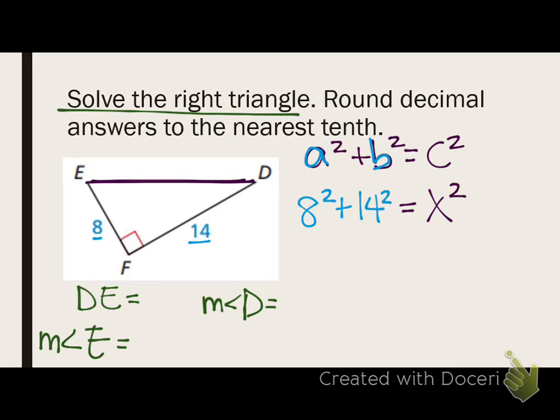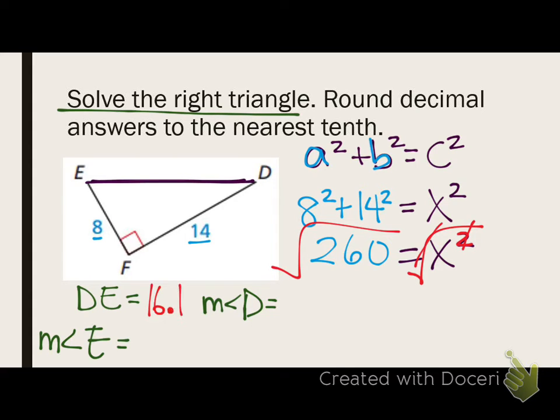What is 8 squared plus 14 squared? 260. Equals X squared. To get rid of a square, I need to do the square root. So what is the square root of 260 rounded to the nearest tenth? 16.1. So make sure you write off to the side the length of DE equals 16.1.